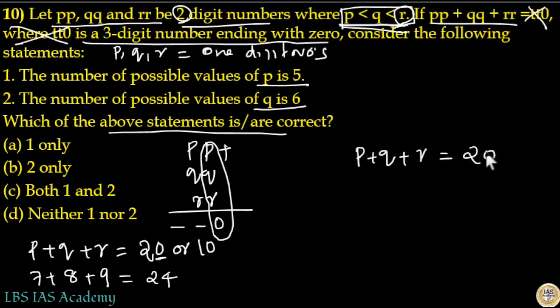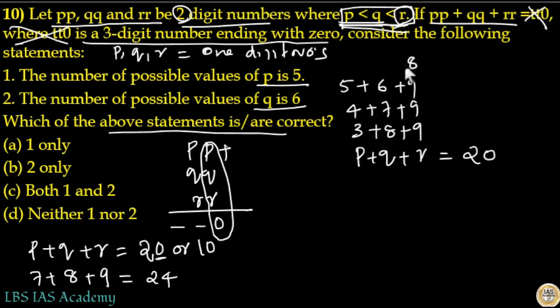Then possible values are, take R as 9, then P plus Q should be 11 and P should be less than Q. So 3 plus 8 is possible, 4 plus 7 is possible and 5 plus 6 is possible. Other values are not possible. Now if I take R as 8, 5 plus 7 is 12, which is possible. Other values are not possible. Now take R as 7.